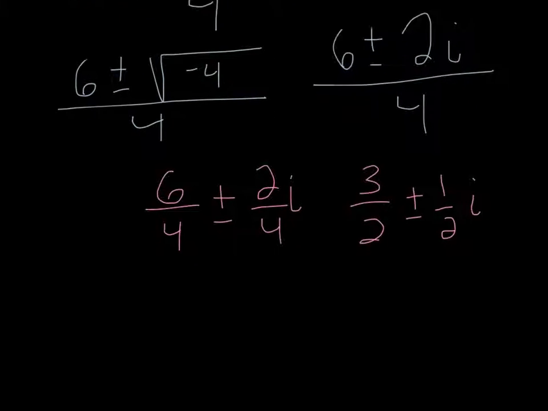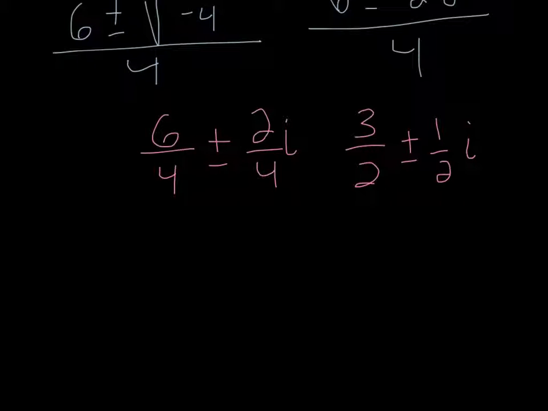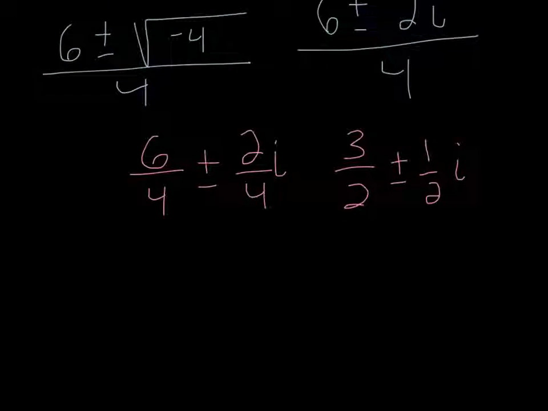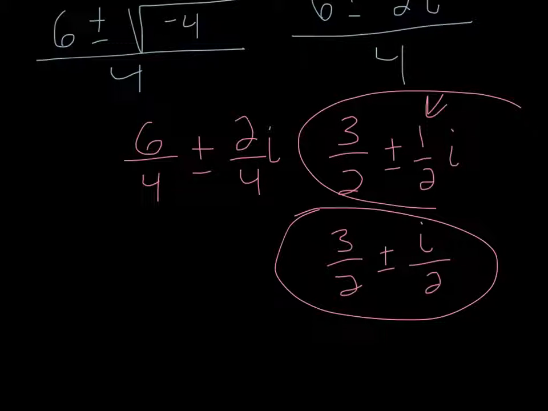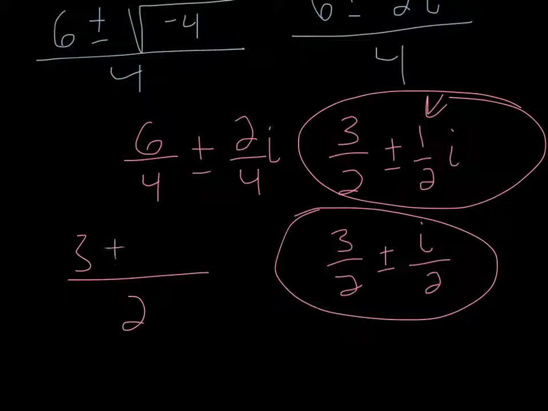That would be acceptable. You could get rid of the 1 on top and just do 3 halves plus or minus i over 2. That's an acceptable answer. Or you could just put it all over 2. The place I got this problem had this as the answer, but that would work, or that.